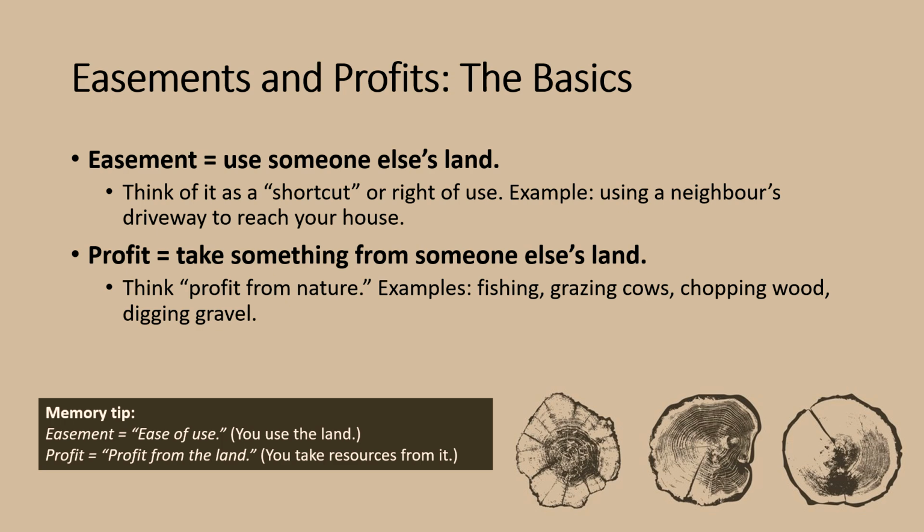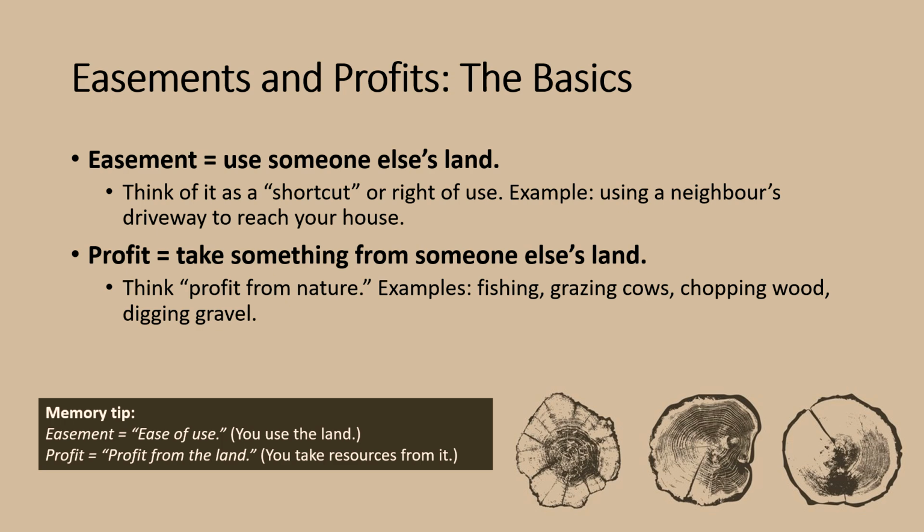Maybe you might be allowed to fish in the lake, or something like that. So those will be in relation to natural items, really. Okay, so that's the main way to distinguish them.